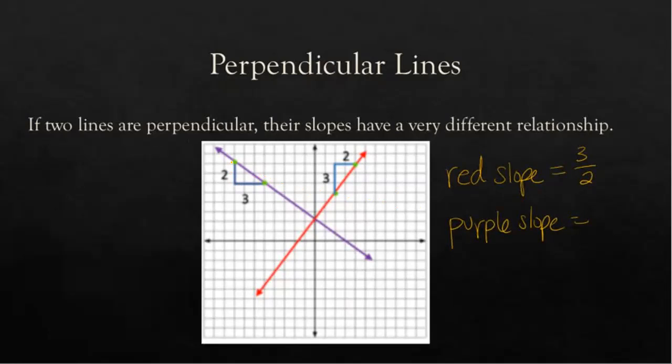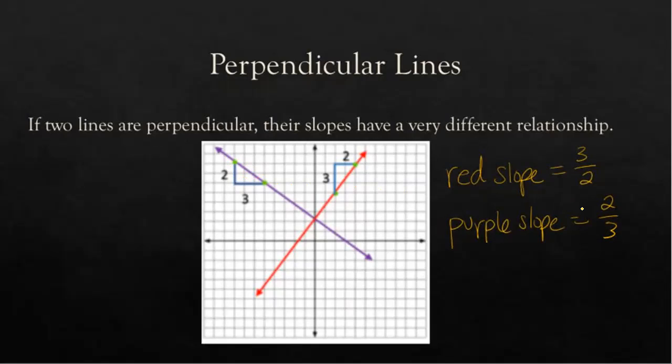Well, my rise is 2 and my run is 3, but my run is in a different direction. So it's 2 over 3, but I can see that it's a negative slope. This purple line is going downhill. If I go from this point to this point, I'm going down 2 and forward 3.